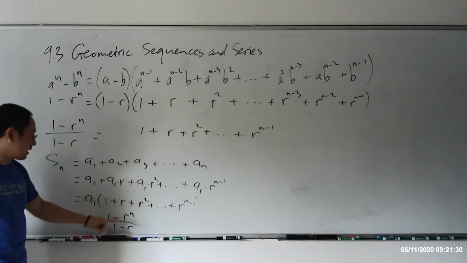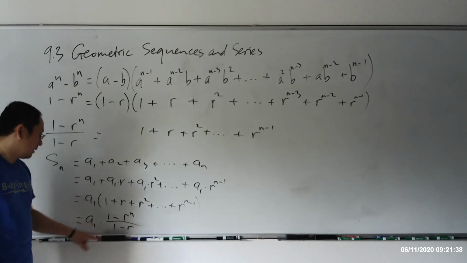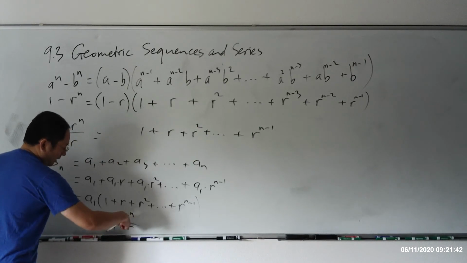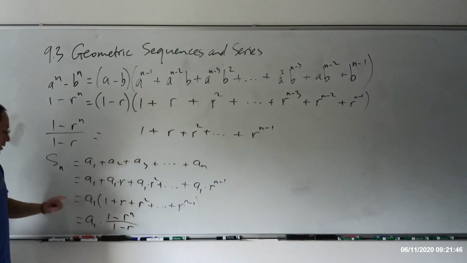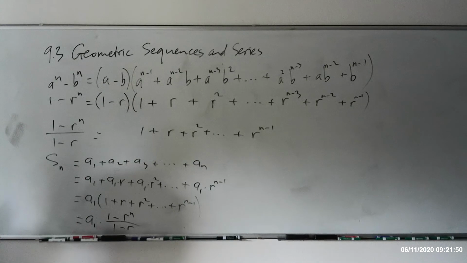What if r is less than 1, say 0.5? When you raise 0.5 to a very big exponent, that number goes to 0. Think of it: when r is bigger than negative 1 and less than 1, r to the n goes to 0, so 1 minus 0 is just 1, and we get a1 times 1 over 1 minus r. And that's how you get the infinite sum of the series. If the absolute value of r is less than 1, the series converges.